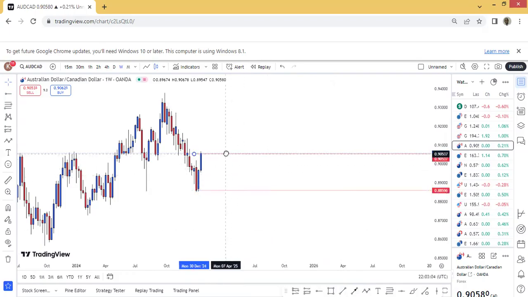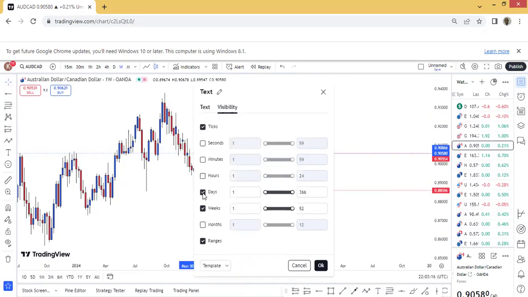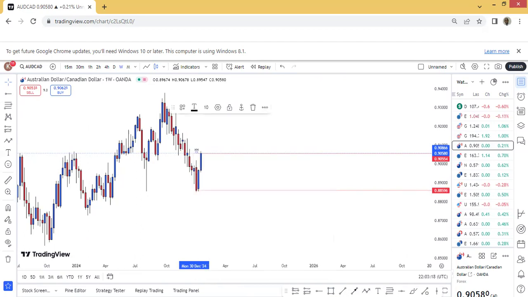And then we are from the new high here. That's a higher high, higher high. And then we have a higher low, higher low.